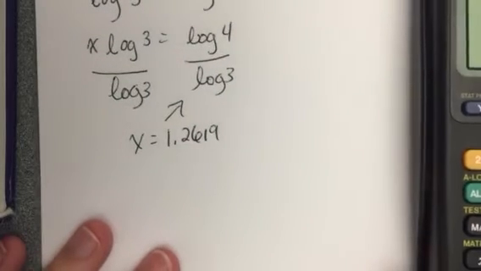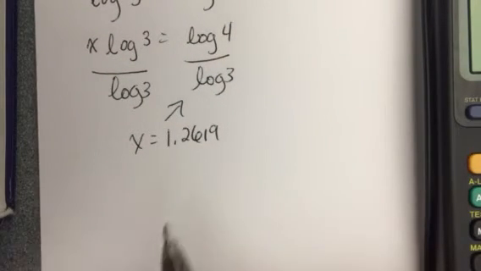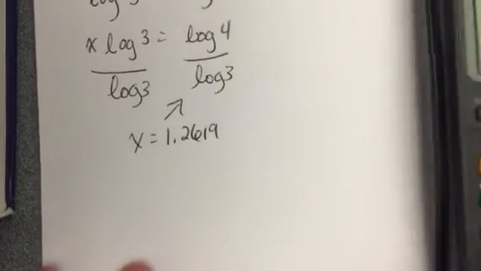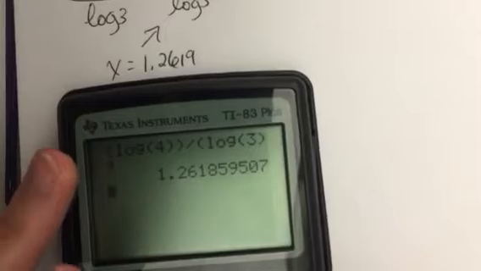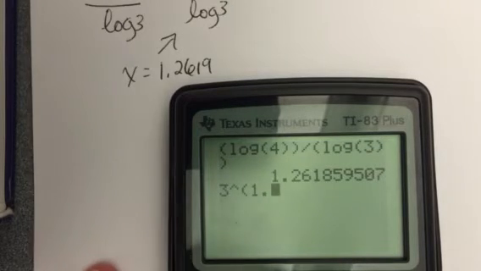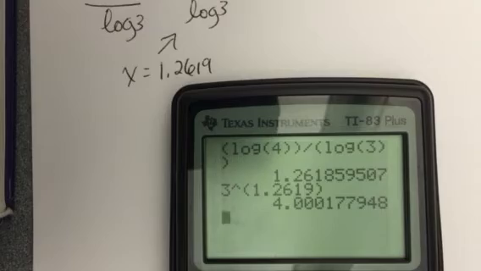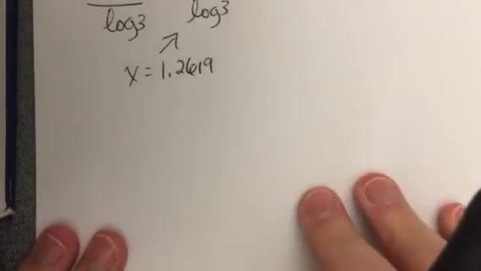You'll notice that in this one I'm going to go a couple more decimal places. Remember, the more decimal places you use, the more accurate you are. So again, we want to check our work. Let's see if 3 to the 1.2619 power gives us 4, and it does. So that's our correct answer.